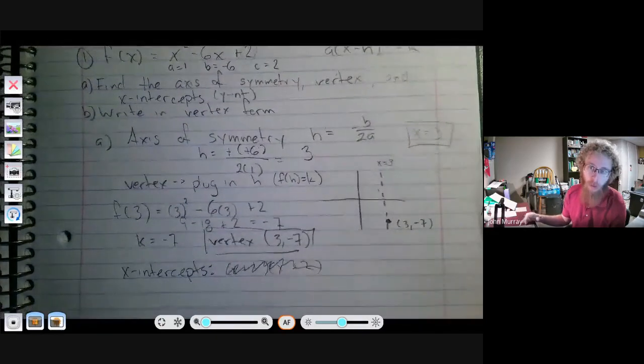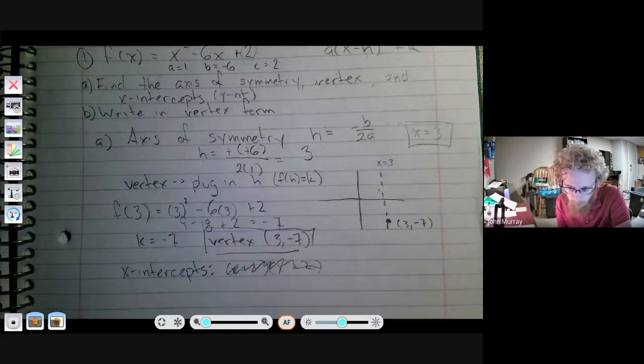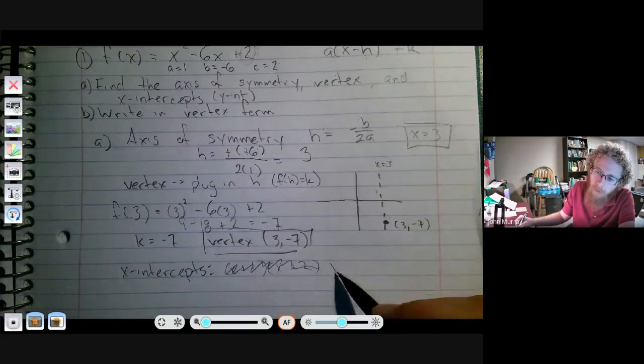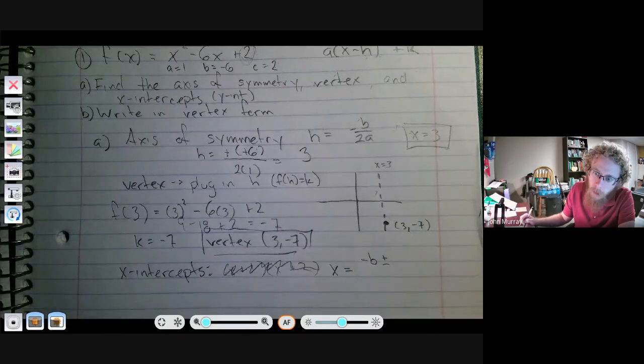Going back to algebra, what is the one way I can always find the x-intercepts? What formula can I use to always find the x-intercepts of a quadratic equation? Do we remember? Is that starting to look familiar?